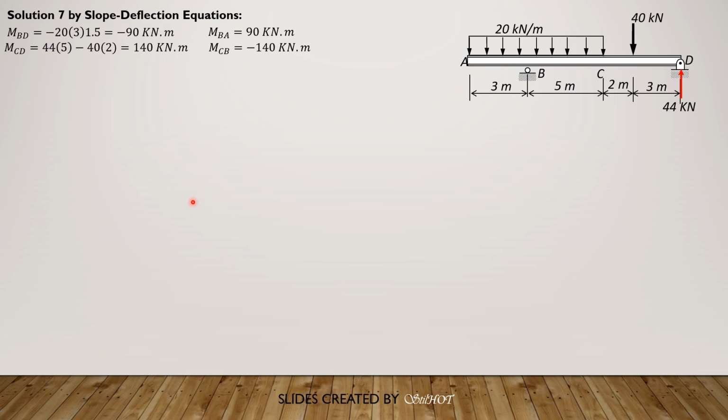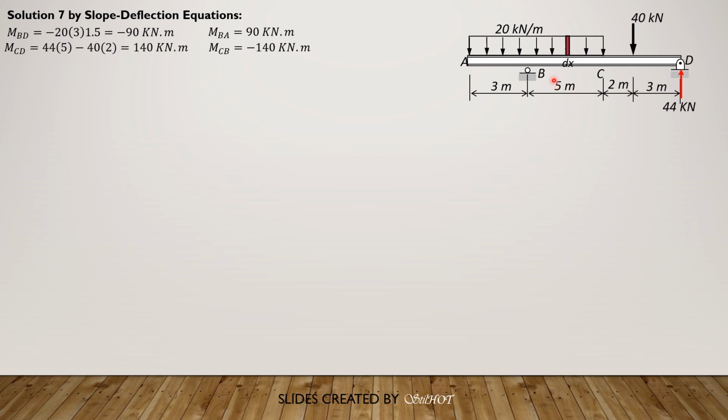Then if the far end also has moment, then use moment near to far is 2EI over L, quantity 2 theta near plus theta far minus 3 times P, or delta over L, then minus fixed moment near. So left minus right plus, if the position of the point is at the right.